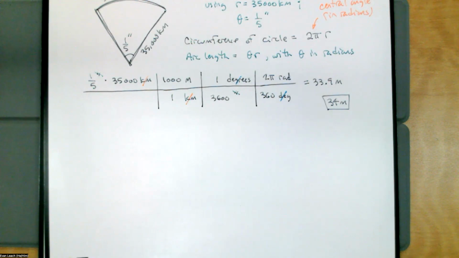So for example, if I want to know how many inches are in a mile, I don't know the ratio of inches to mile. I don't know how many inches there are in 1 mile, but I know how many feet there are in a mile, and I know how many inches there are in a foot. So I can go from 1 mile to feet, and then from that number of feet to inches.